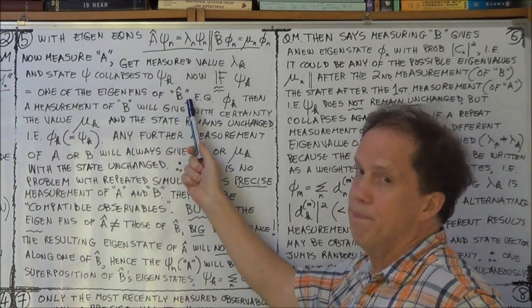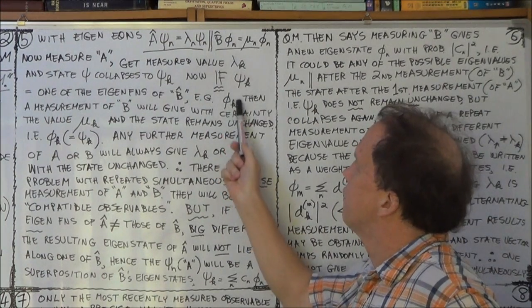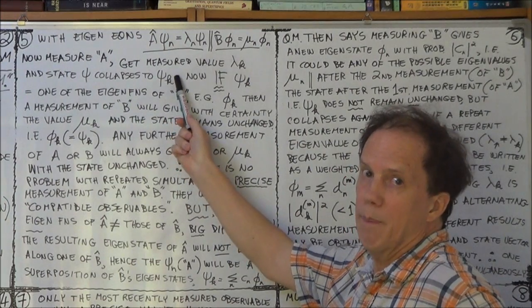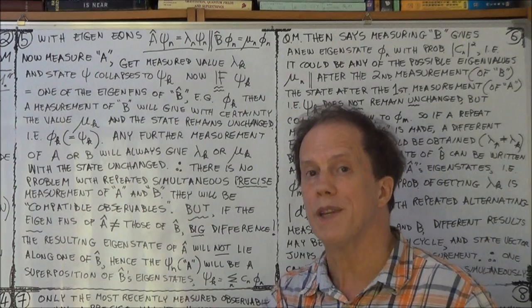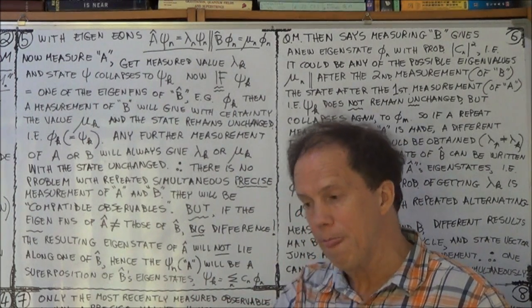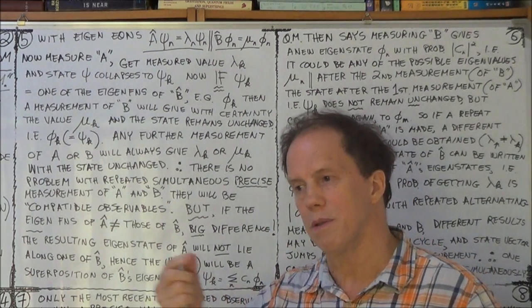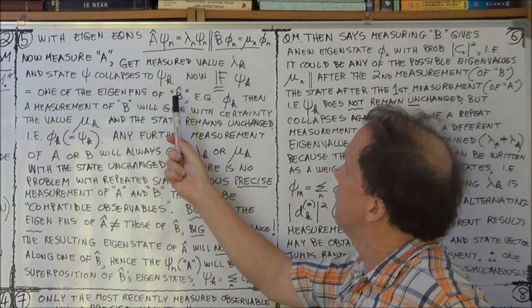So after measurement B, the state is still phi k. But phi k and psi k are the same. So if we now do a second measurement of A, in other words a third measurement, so A, B, A, then the result of the second A measurement will still be this.